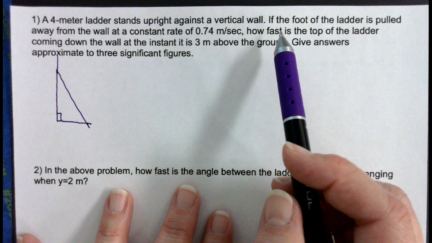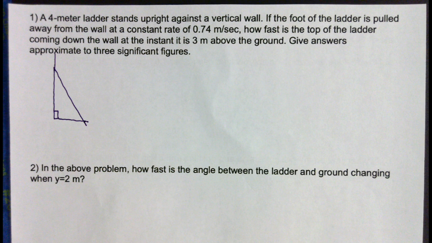So anyway, I did not apparently in this problem decide on my angle very carefully, because it is standing up against the vertical wall. If the foot of the ladder is pulled away, now see, that would be something my dog would do. He'd run right into the bottom of the ladder while I'm standing on it.